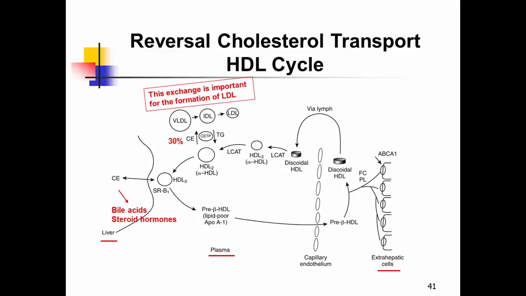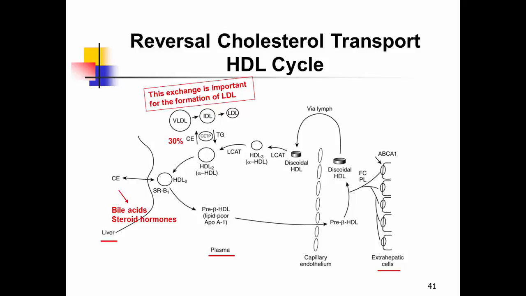The left side represents the liver, and the liver cell surface has SR-B1, scavenger receptor B1, which is important for the pickup of the alpha HDL.